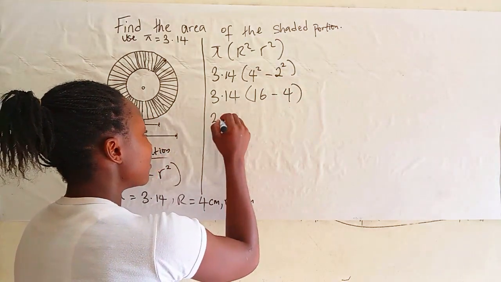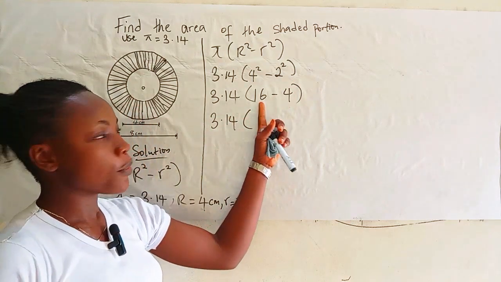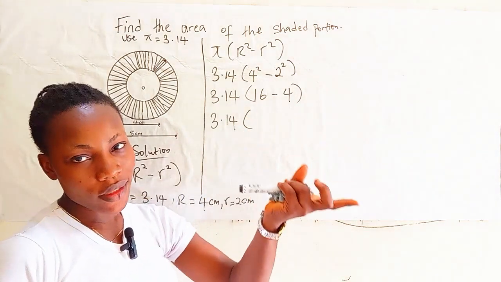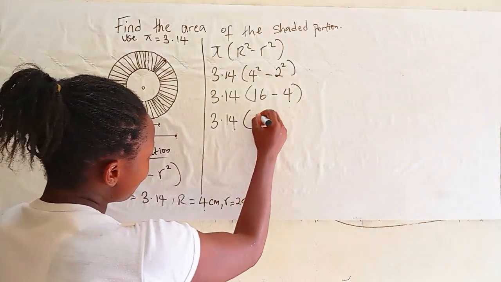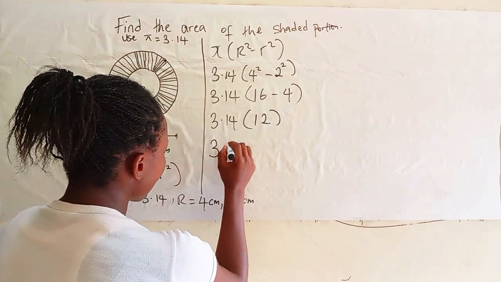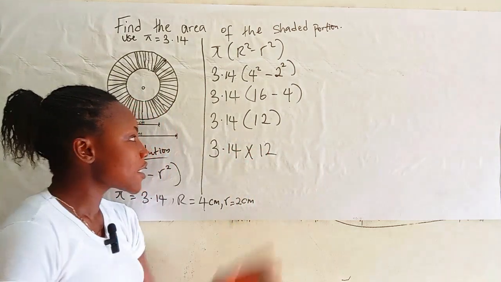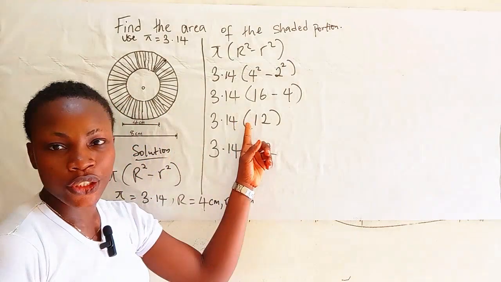Okay? Now, subtracting this from this, we are going to have what? 12. So here is 12. Now, 3.14 times 12. This means multiplication, all right?